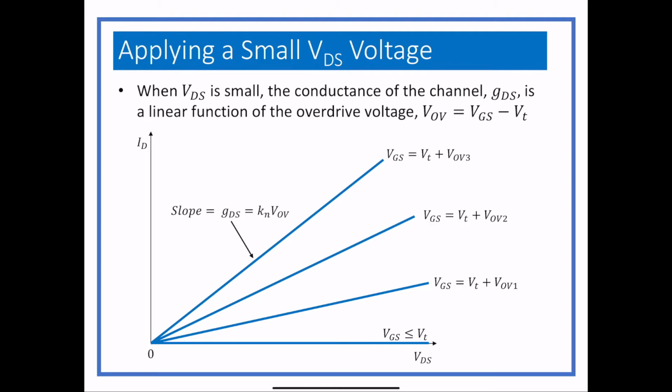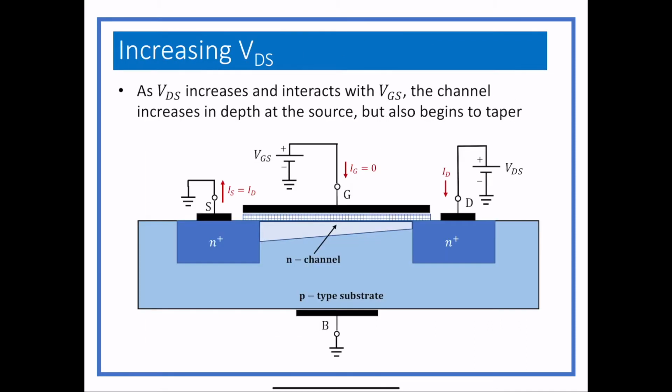Now, this is where MOSFETs get interesting, as we let VDS get larger. When we let it get larger, the channel starts to become asymmetrical. At the source end, it actually gets deeper and bigger, but at the drain end, it doesn't, and it actually begins to get a little bit smaller.